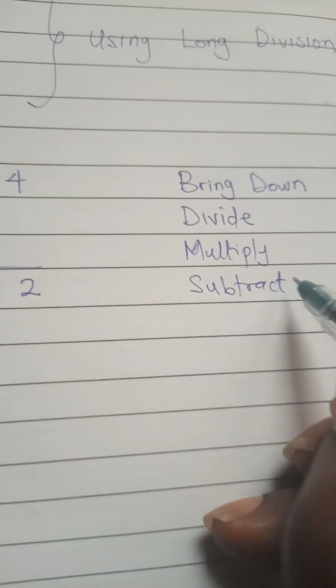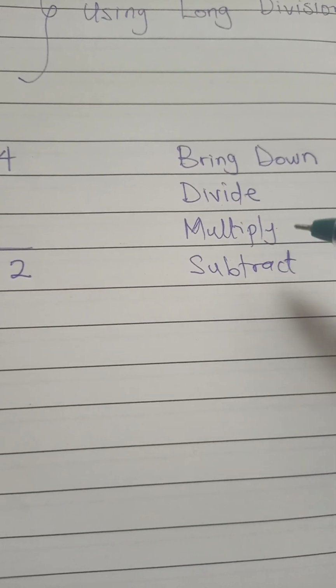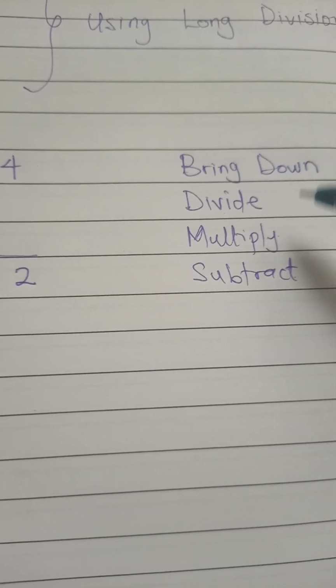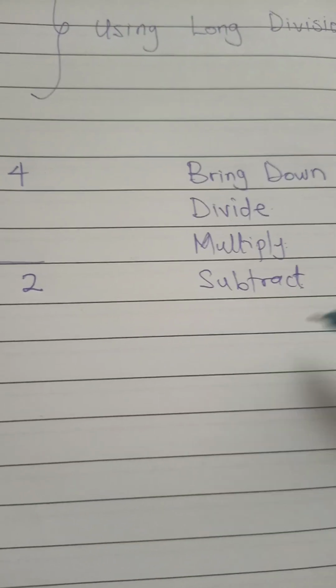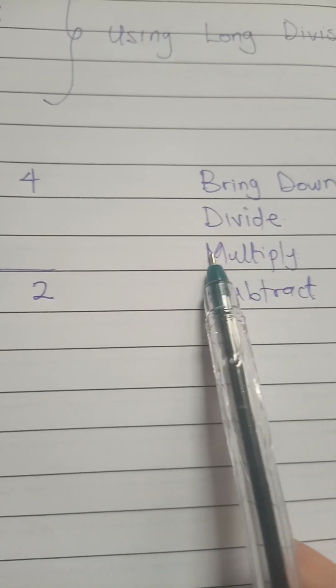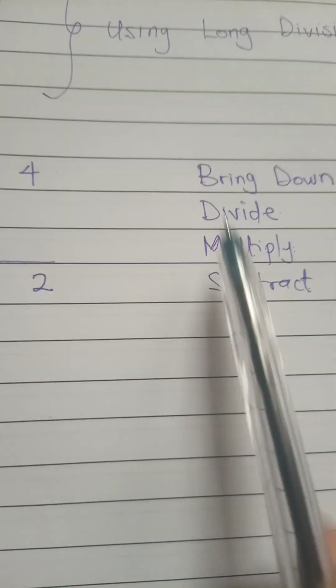Well, some say the first one is divide, then multiply, subtract, and bring down. That is, dirty monkey smell bad. Dirty monkey smell bad. So that is it. Let's look at it now.